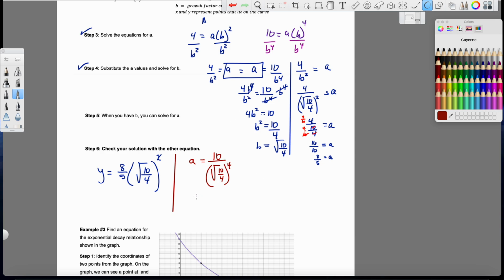Okay, so we would get a equals 10 over, so this is a square root, so we would square this, so this would be 100 over 16.